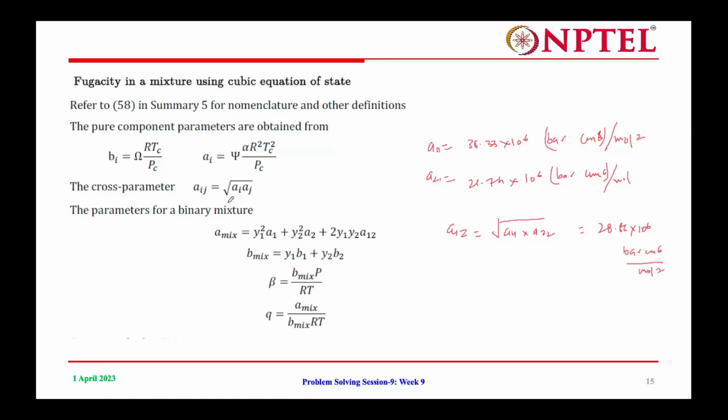Here it is a binary mixture, so now we have to calculate a mix. So put the value here in this equation, you will get a mix, 31.13 into 10 to the power 6, unit same.